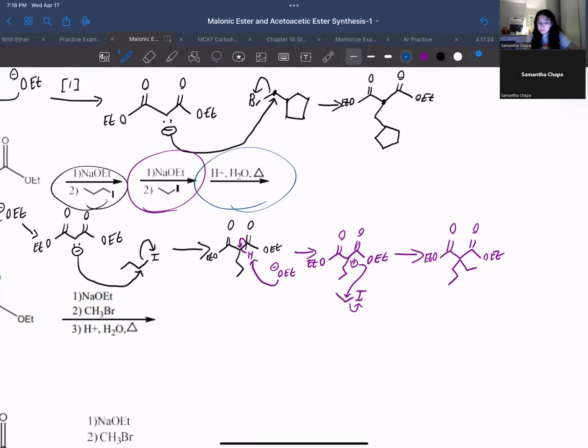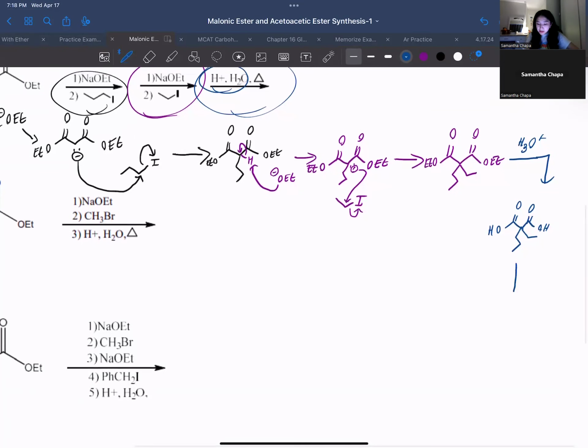Finally, my last step is to turn them into carboxylic acids with H3O+, and this is a hydrolysis reaction. Again, doing the same thing, esters to carboxylic acids, and everything else stays the same. And then finally, we have our heat, which does a decarboxylation reaction, again, only taking off one of the carboxylic acids. And let's see what we're left with.